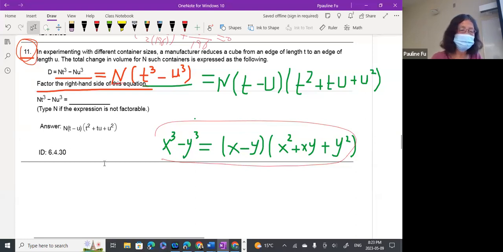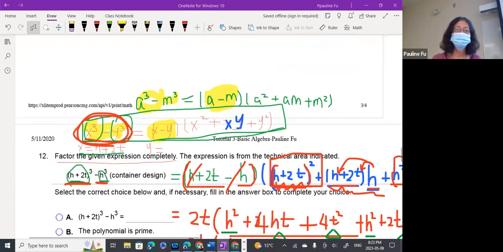By the way, I give you all the answers. You can get this file on D2L. Any questions? Move on.